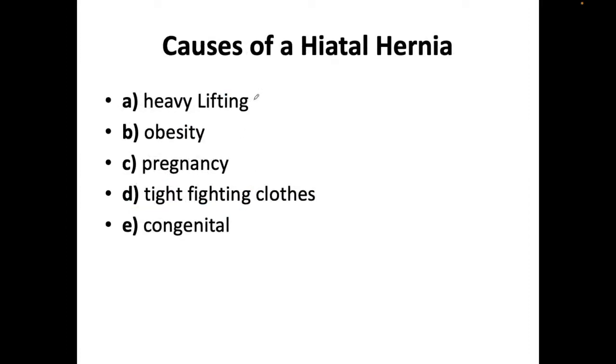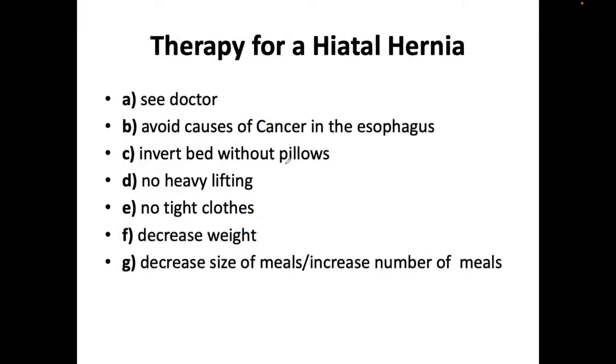So the causes of hiatal hernias: heavy lifting, obesity, pregnancy, people that wear tight-fitting clothing. Those are probably some of the biggies for hiatal hernias. And oftentimes there's a congenital cause. The therapies are typically to avoid the causes.